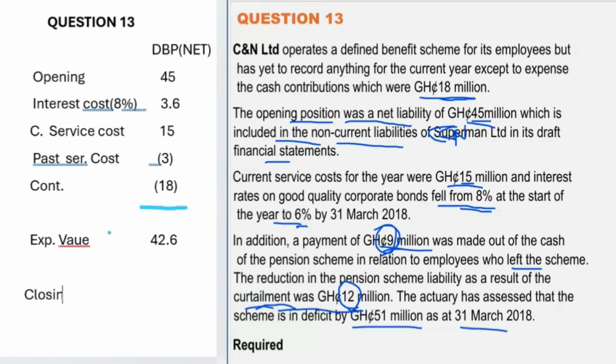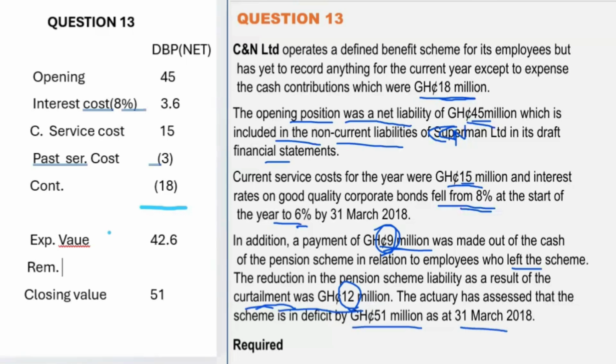So what's the closing value? In the question they gave us, they said the actuary has assessed that the scheme was in deficit of 51 million. So deficit means net liability. Okay, so this is 51 million. And then there will be a remeasurement, is it loss or gain?